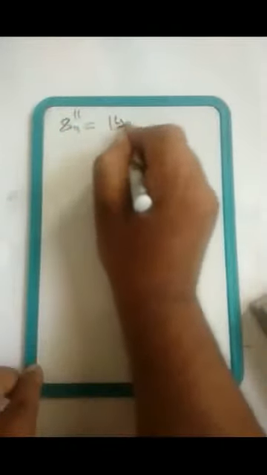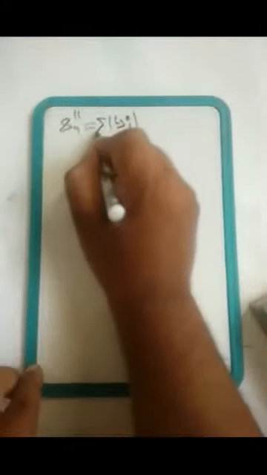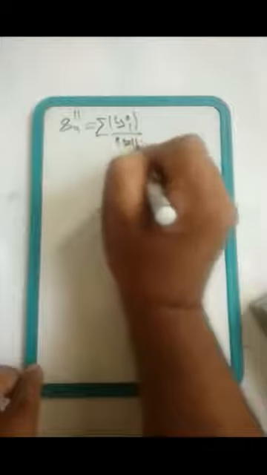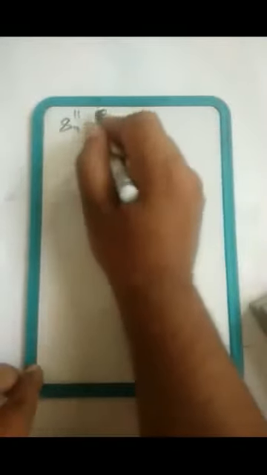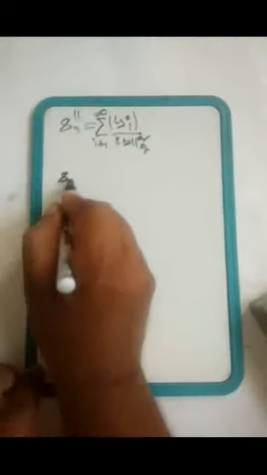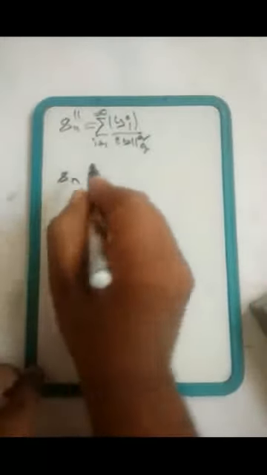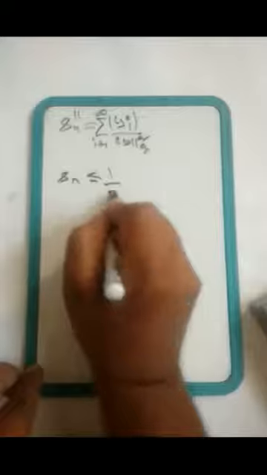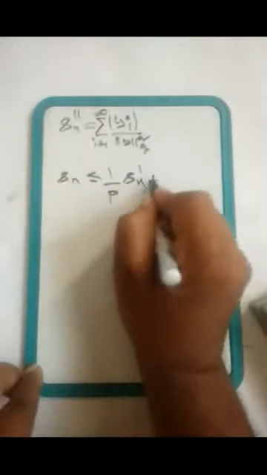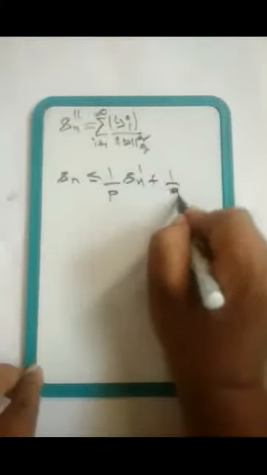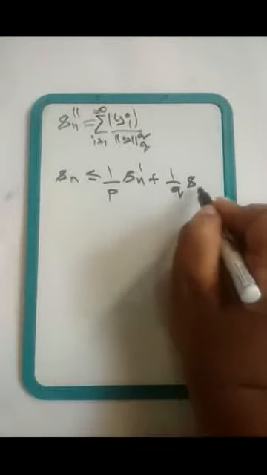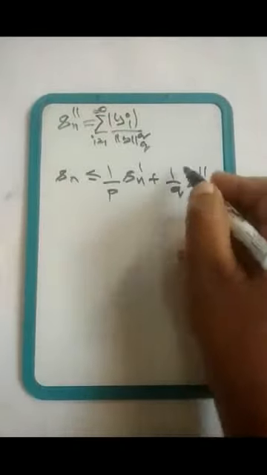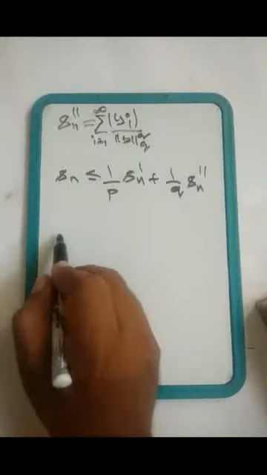So Sn double dash is the qth norm, and we have that Sn is less than or equal to 1 by p Sn dash plus 1 by q Sn double dash. Observe that.